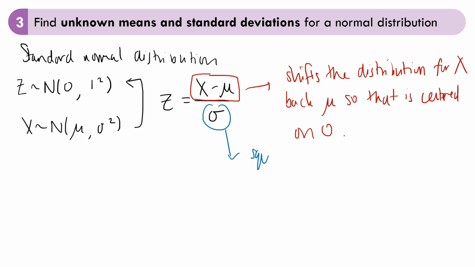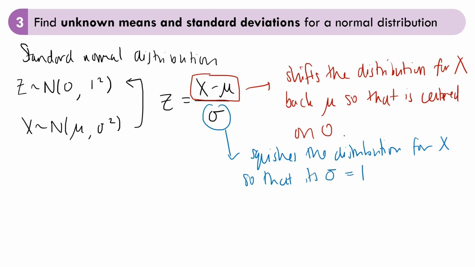This squishes the distribution for x so that its standard deviation sigma is equal to 1.